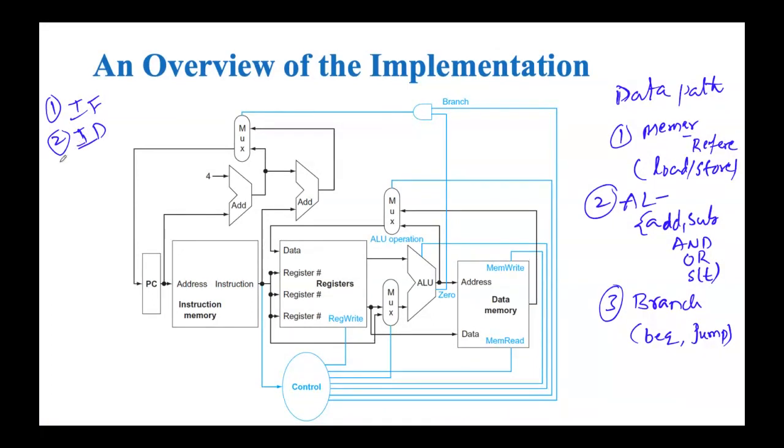Third is the execution phase. Fourth is the memory access phase, and fifth is the write back phase. So the instruction implementation happens with these 5 stages.